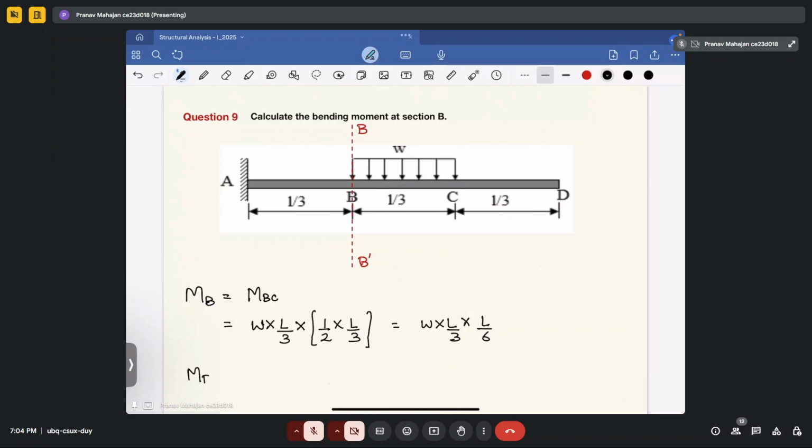So your moment at B will be equal to WL square upon 18. Okay. But since this is a hogging moment, this will be your negative moment. You have to see in which case it is positive and in which case it is negative. Fine.